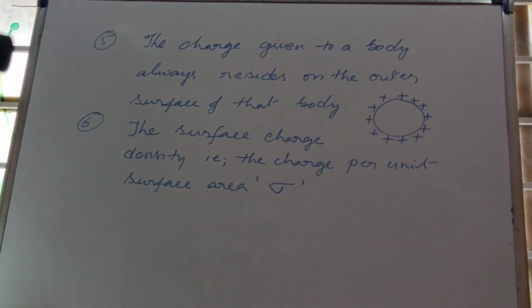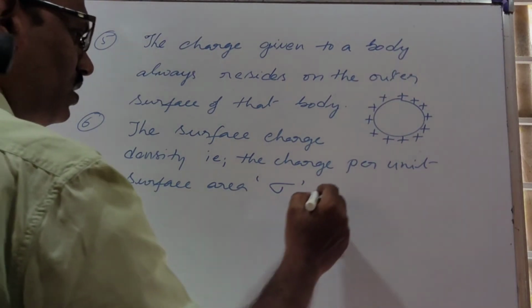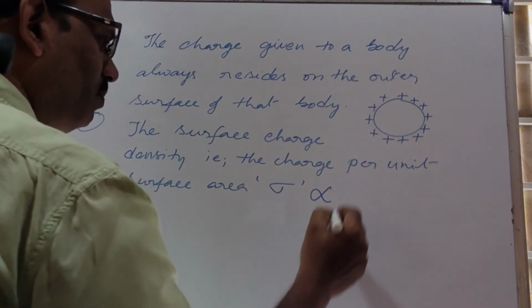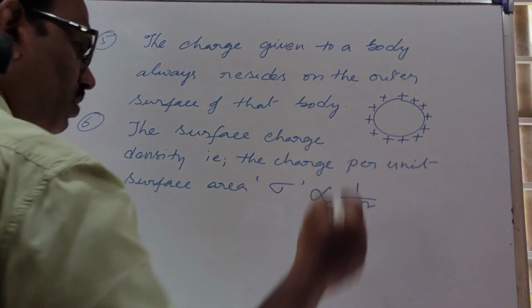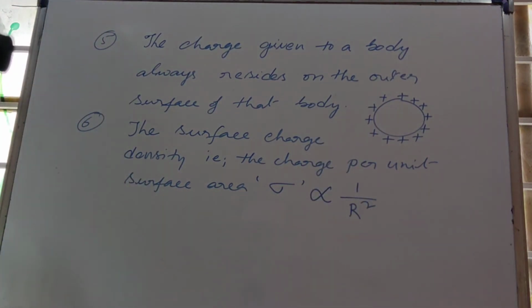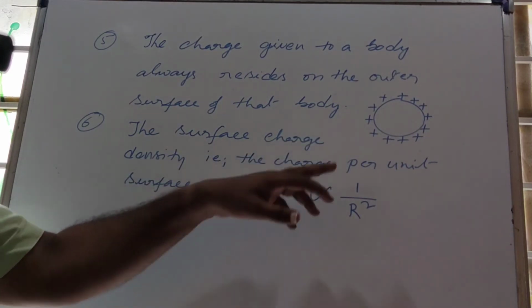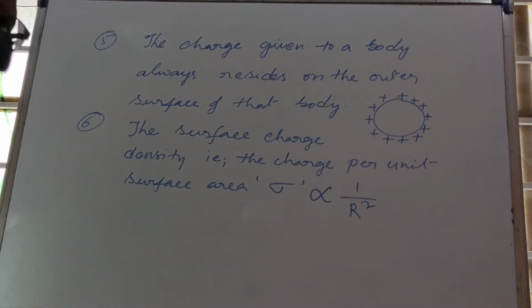The surface charge density of the body is denoted by sigma, and this sigma is inversely proportional to the square of the radius of that body. If the radius of the body increases, then the surface area of the body also increases. For example, in the case of a sphere, the surface area is 4 pi r square.